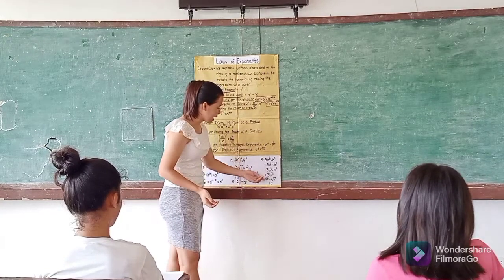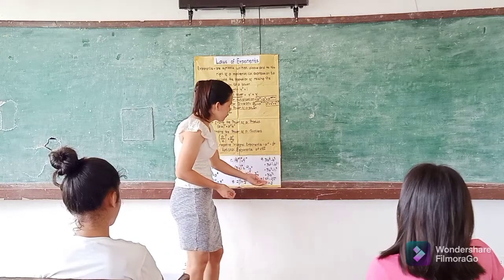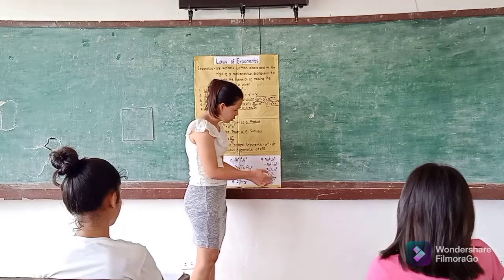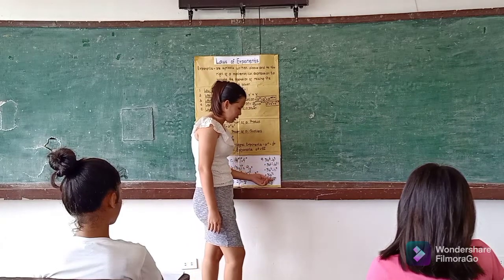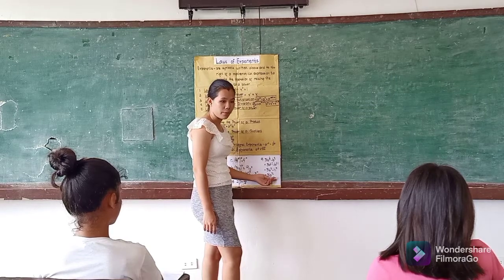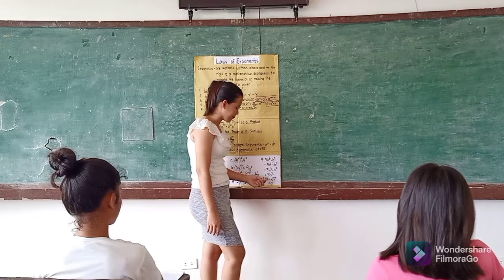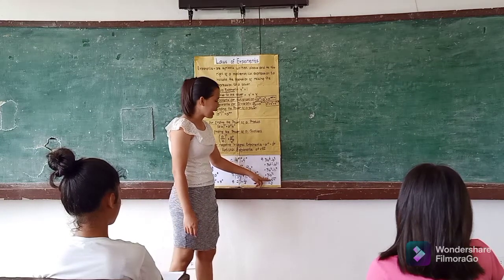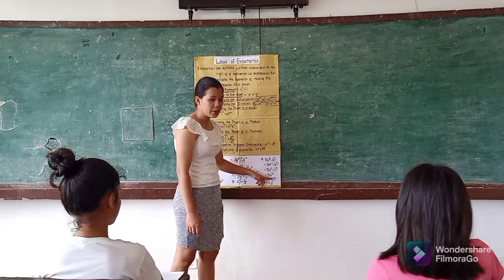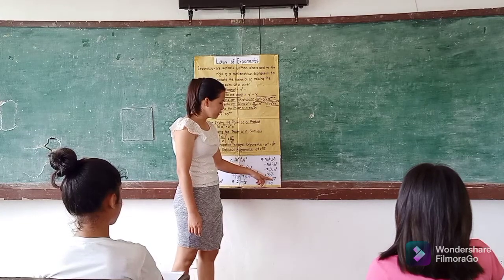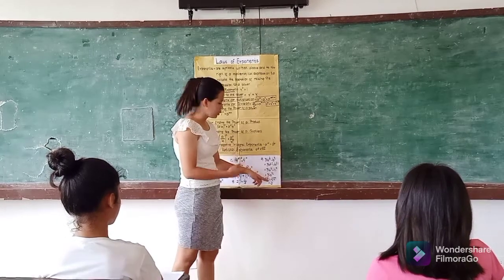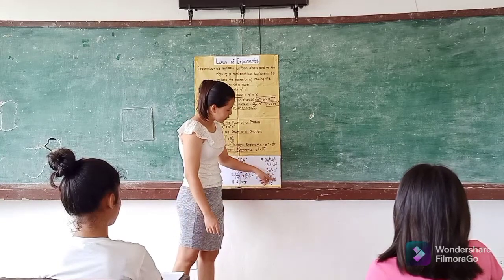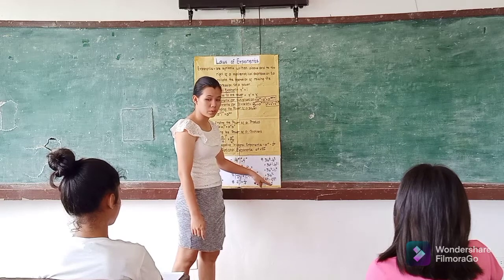We have here this example: 4 raised to 1 over 2 is equal to the square root of 4 raised to positive 1, where the denominator becomes the degree of our root.